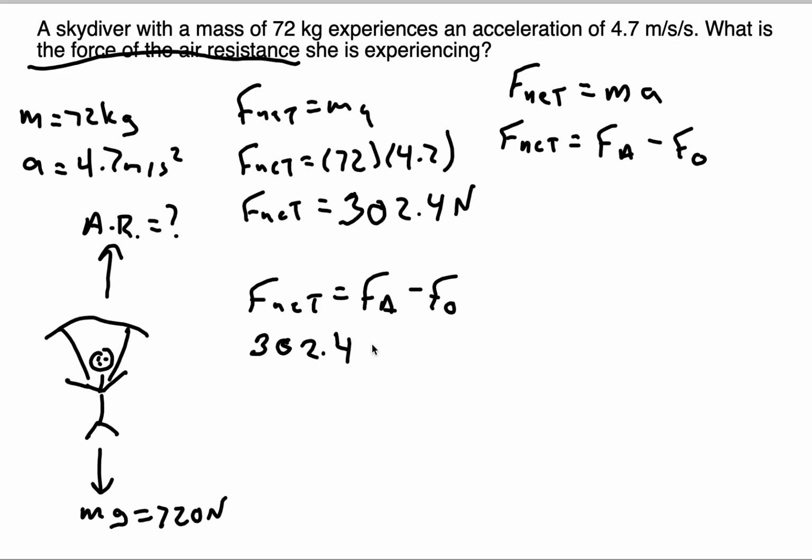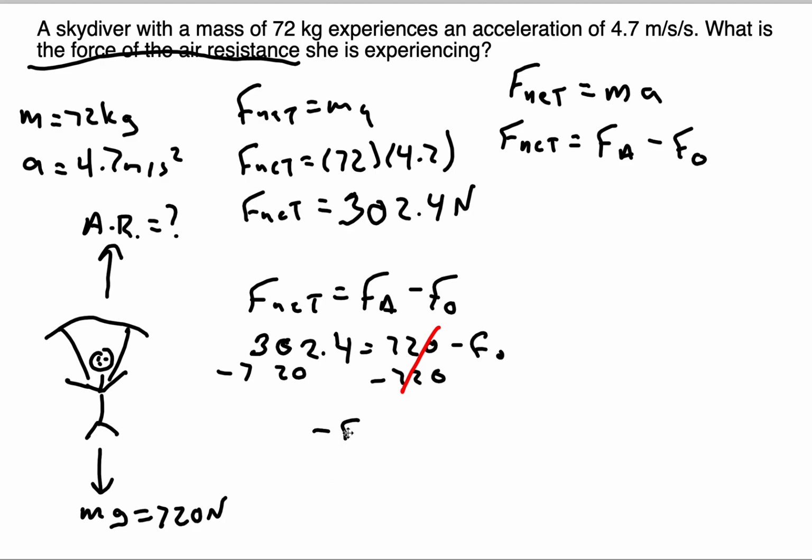And that's equal to the applied force, which is 720, minus air resistance. Now, if I want to get this on the other side, it's being added because it has nothing in front of it, which means that there's a plus. So I'm going to subtract it from both sides. When I do that, those go away.